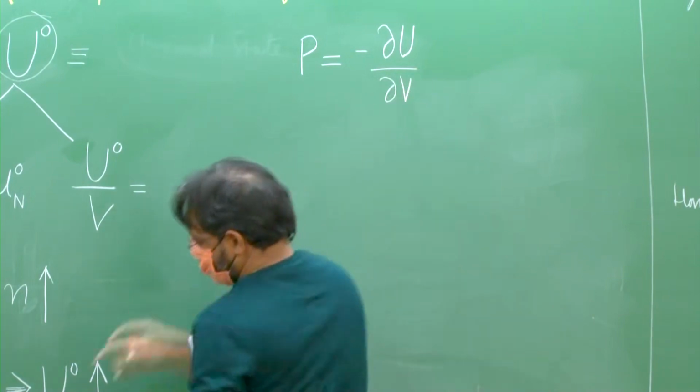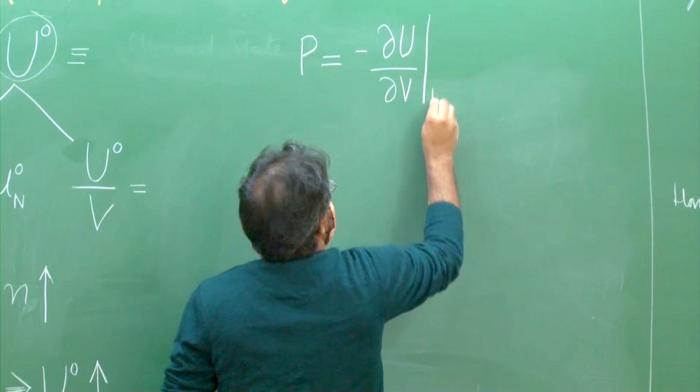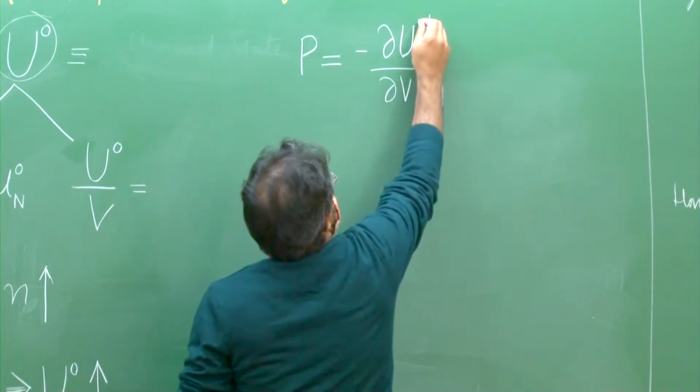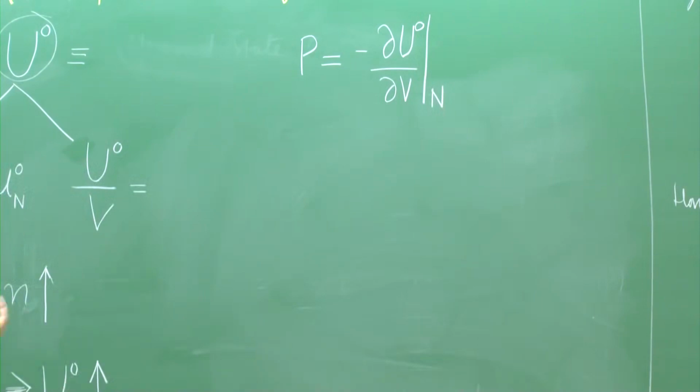Negative because it's resistance at a fixed n, right? U0 because we are working it out at 0 temperature. You know the expression for U0, it's a trivial exercise.